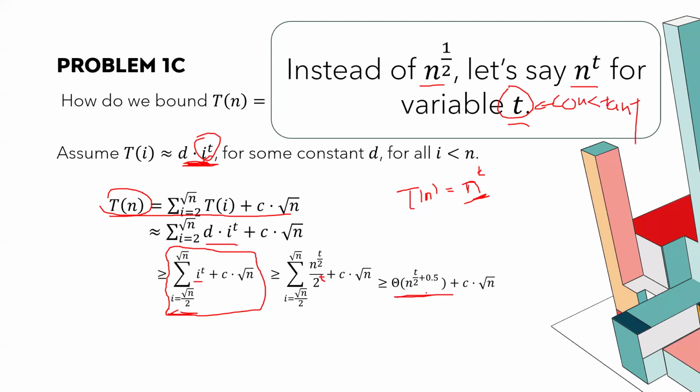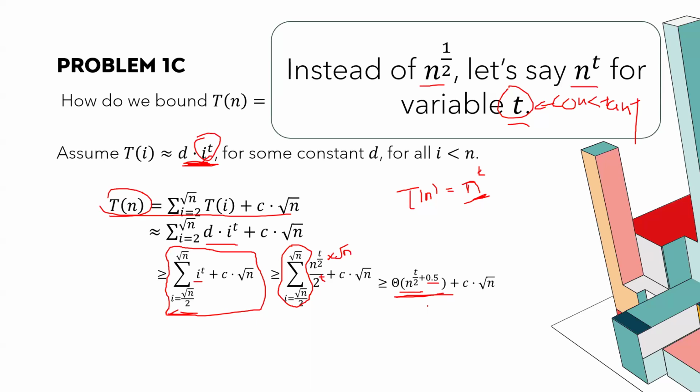So this should be theta of n to the t over 2 plus 0.5. The 0.5 here is because this summation runs square root of n times, so it's multiplied by square root of n. So this is t over 2 plus 0.5.